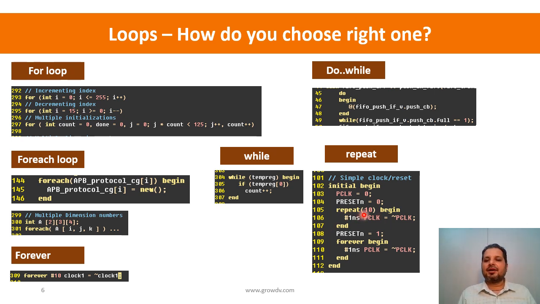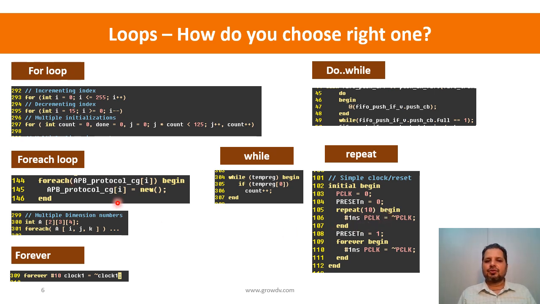So you say repeat, and you give either an expression or a constant number, and then begin end, and this will loop through the number of times that it has been specified. Depending on the type of application, if you don't have any usage for the index variable and it's a quick one, you can do the repeat.